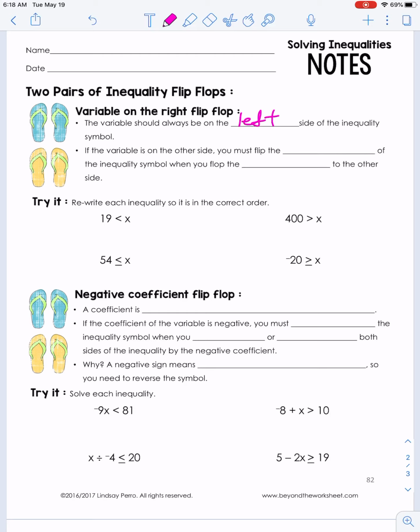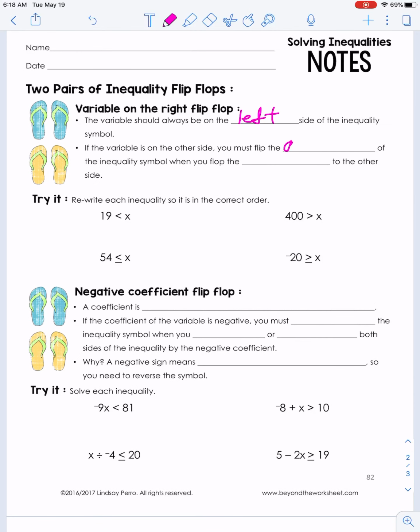If the variable is on the other side, you must flip the direction of the inequality symbol when you flop the variable to the other side. So what I mean is you always need to make sure that the same side of the alligator mouth is facing the variable.